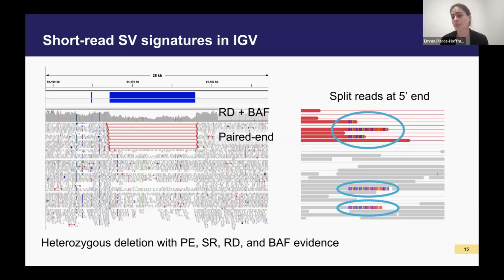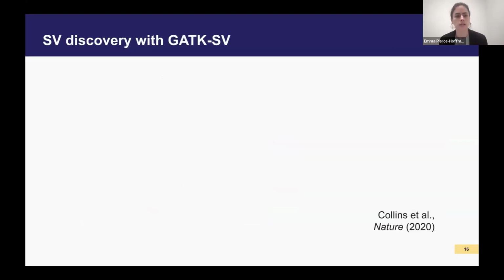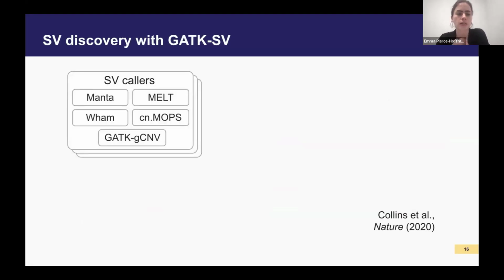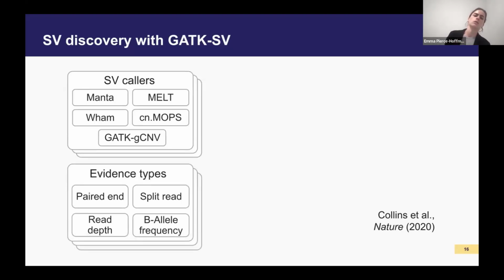But we don't perform SV calling by just looking at each structural variant one by one in IGV. So let's talk briefly about the GATK-SV pipeline. GATK-SV takes an ensemble approach, applying 5 different SV discovery algorithms and utilizing all 4 of those different evidence types that we just talked about.